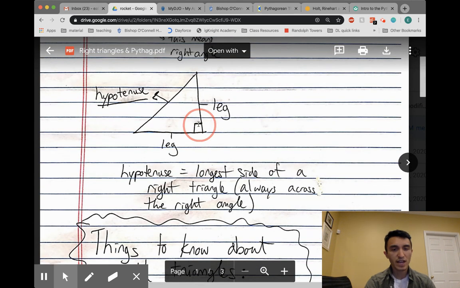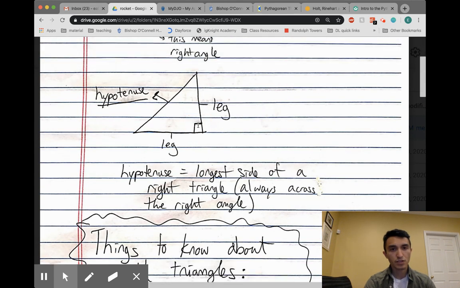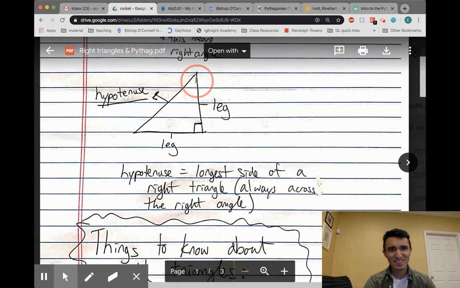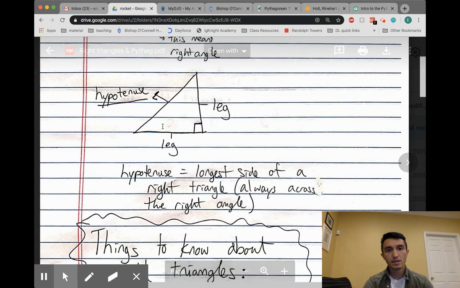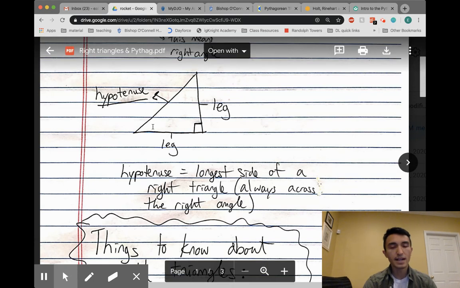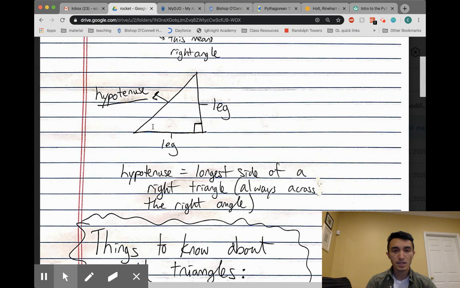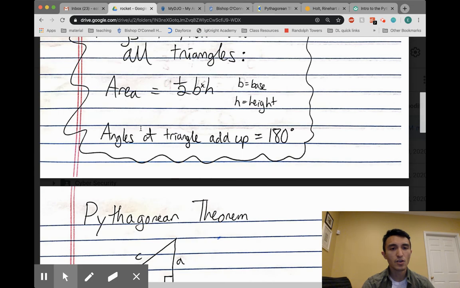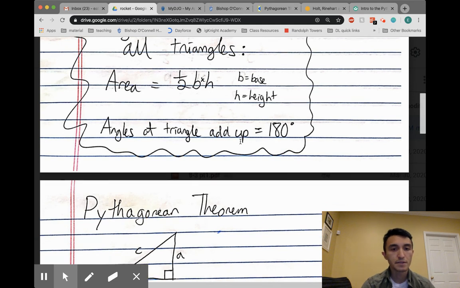This 90-degree angle in a right triangle, there's going to be 90, and then the other two have to add to 90 to make 180. So these other two will add up to 90 also, just because if one of the angles is 90, they all add up to 180. What do you have left? 90 degrees. So we'll review that a little bit more if that wasn't clear. But just know that all the angles of a triangle add up to 180 degrees. So three angles all will add up to 180.